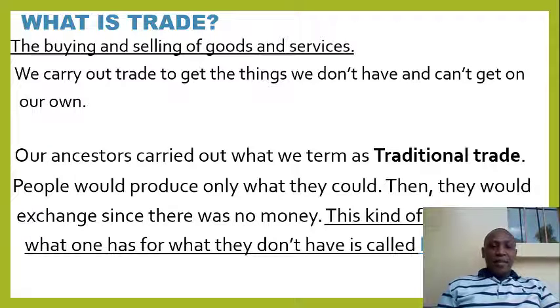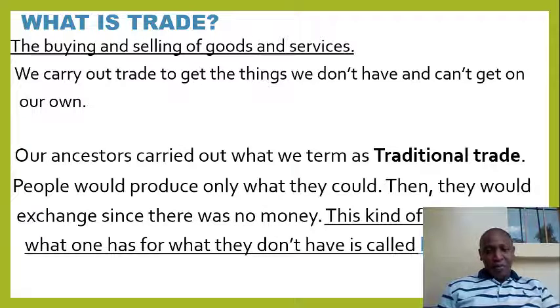Another thing is about our ancestors. Like we said, most of the things started with our ancestors, and so we drift a little bit back into the traditional trade, because whatever was done with the ancestors is traditional. It's where we have stemmed from to come to what we have in modern times. As we had already talked about, our ancestors were dealing in barter trade.